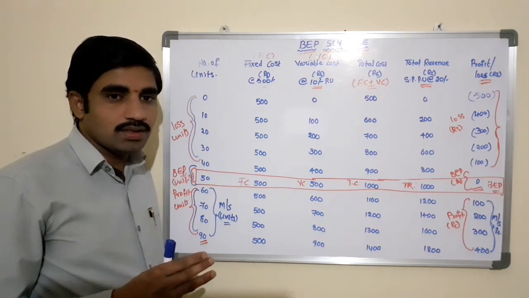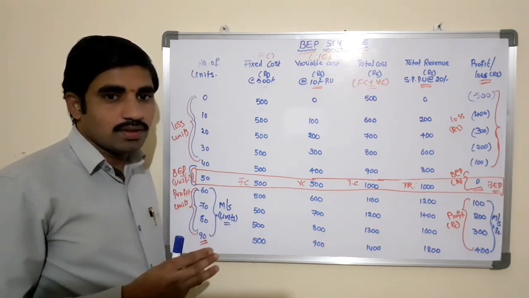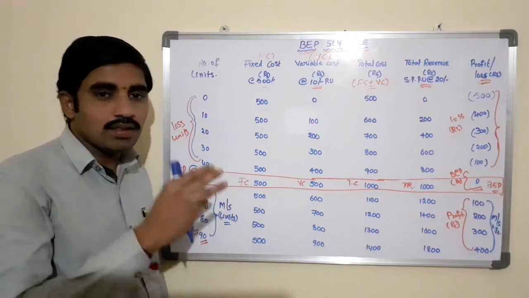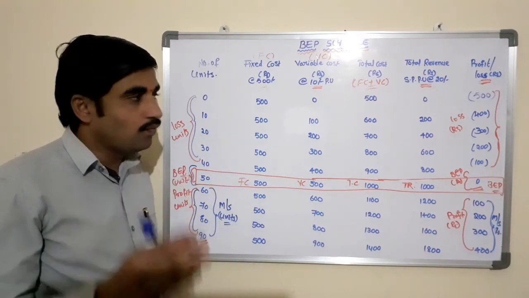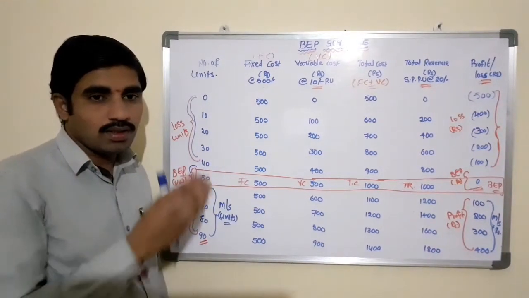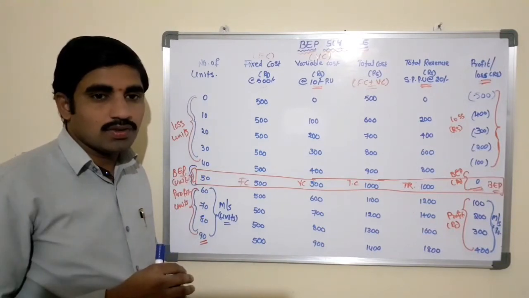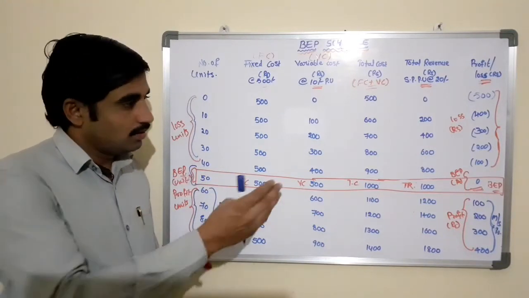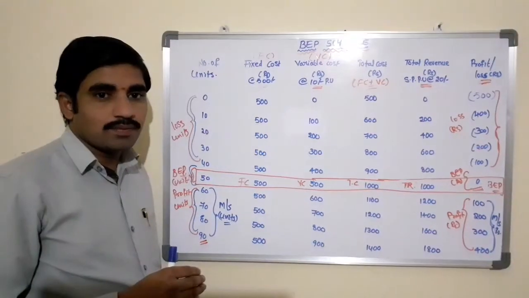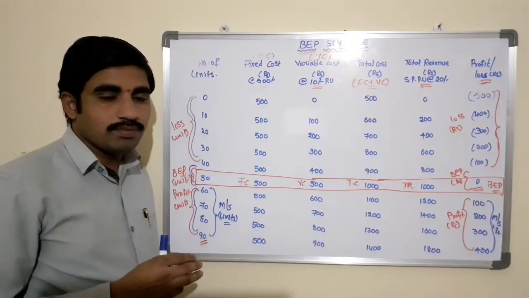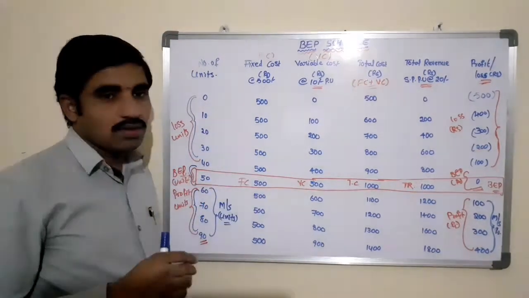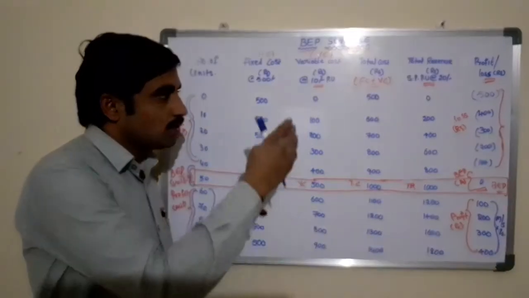You should not change the variable cost per unit, right? Number 4, the total cost of production and the total number of units produced and sold in the market change proportionately, meaning there is a positive relationship between the total cost and the total number of units produced and sold.